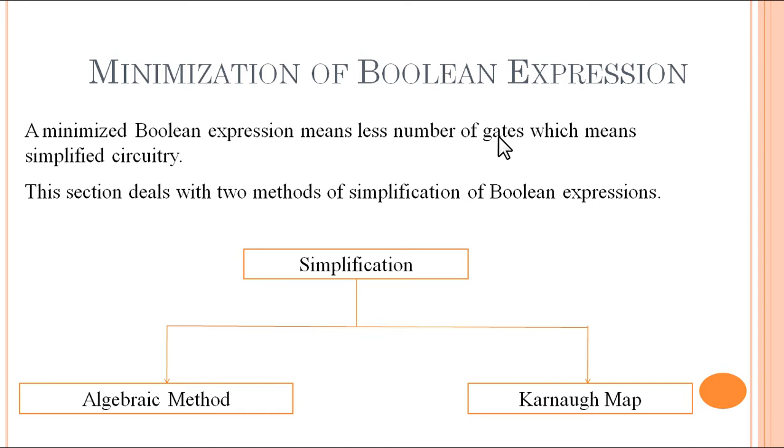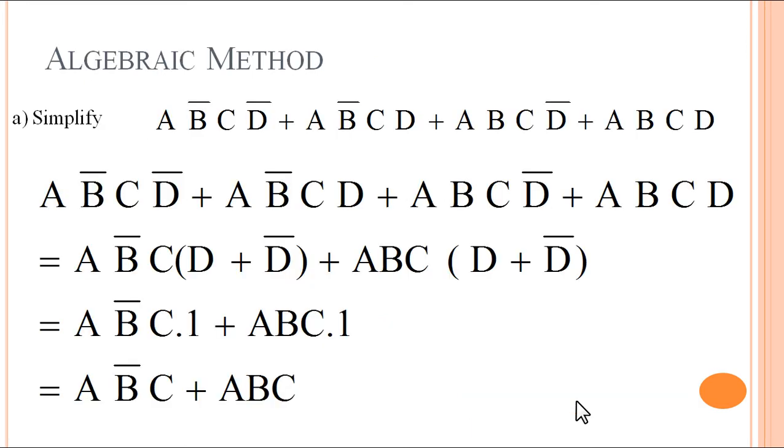The fewer the gates, the less expense the circuit will take, and it will fit into a small area. So in this section, we will be simplifying the expression by using 2 methods: the algebraical method, using the theorems and postulates, and the K-map method, using the rectangular box which has certain rules that we will see how to follow.